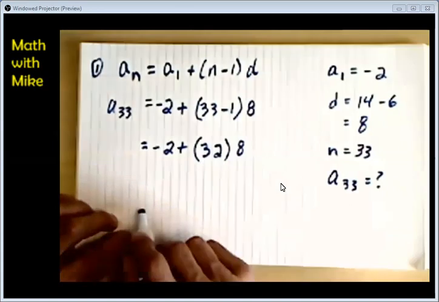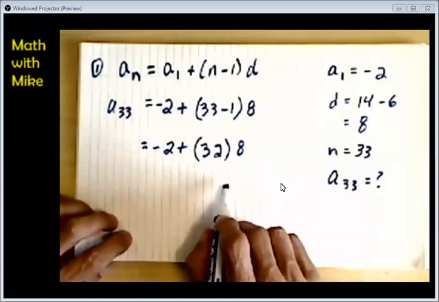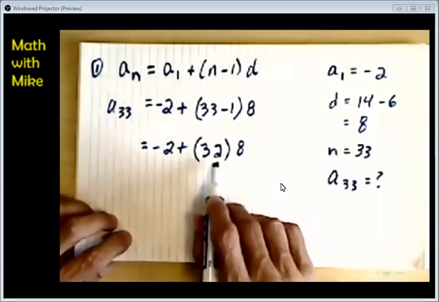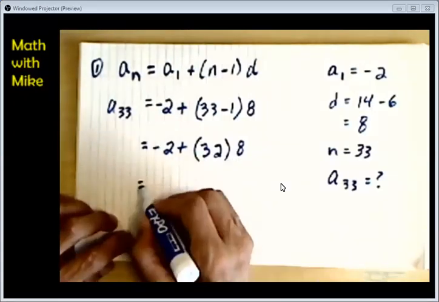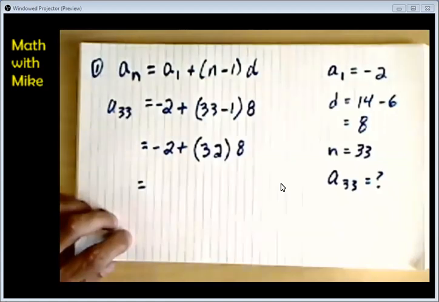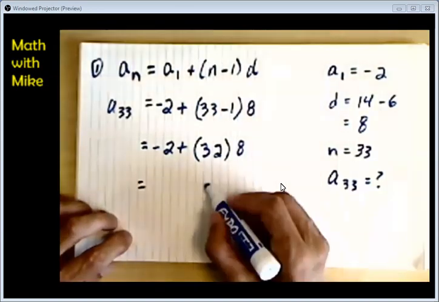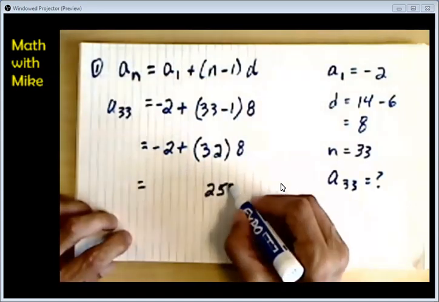What do we do next? The multiplying, right? So what do we get with 32 times 8? Class, anyone? Yeah, 256 for 32 times 8. That's true.